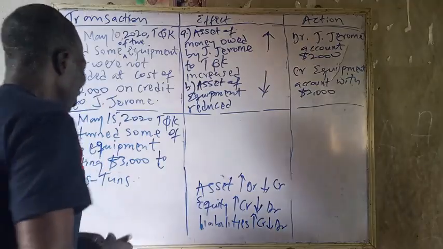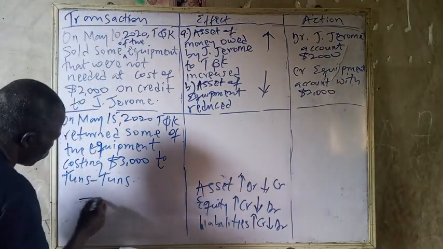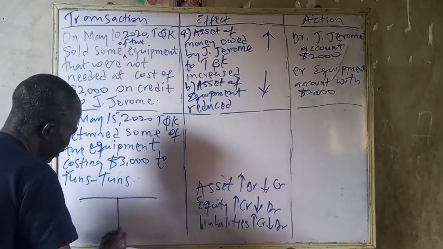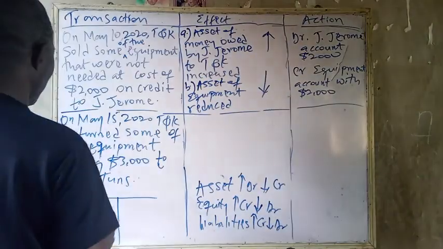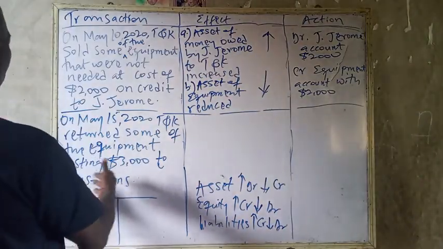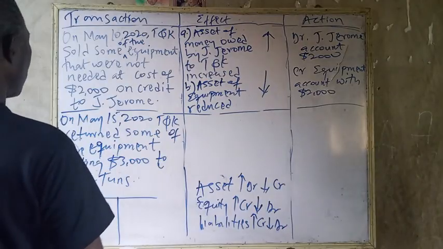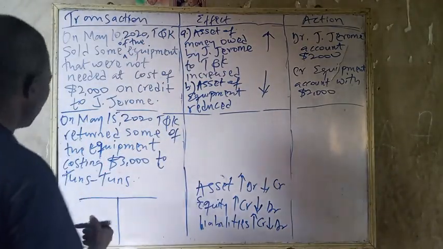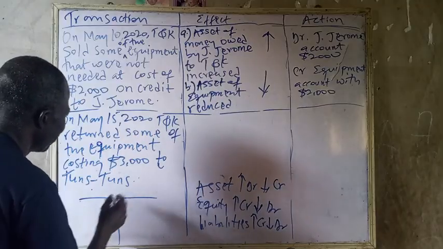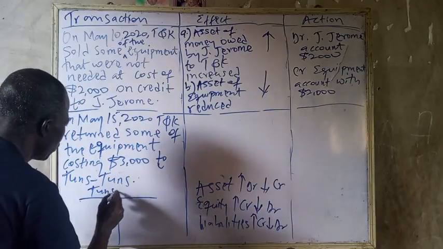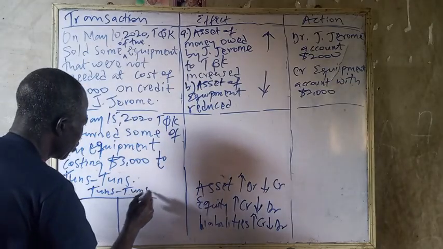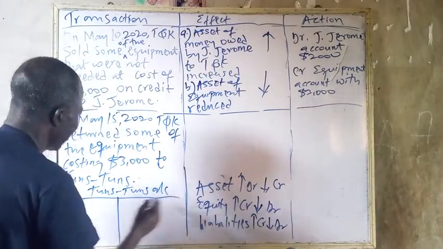So, let's just assume that I will open the account to be debited first. We are debiting Toonstones because Toonstones is going to receive from us. That is Toonstones account.